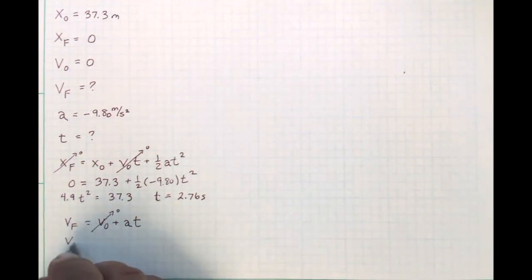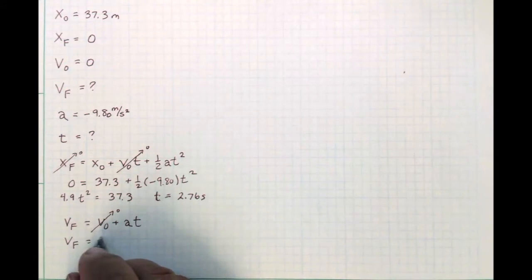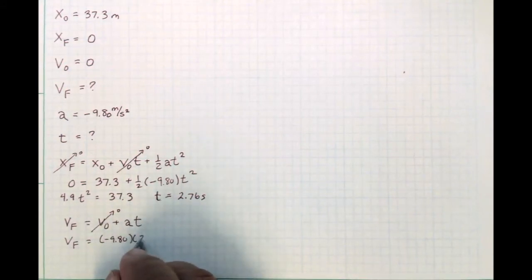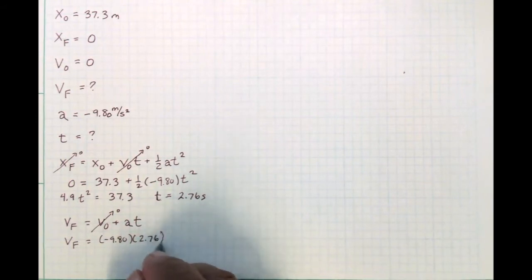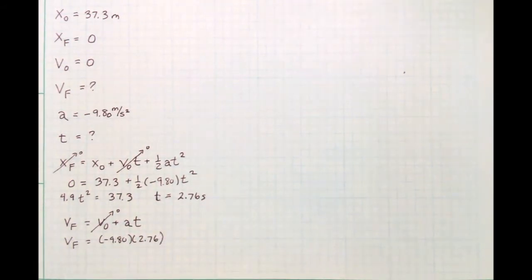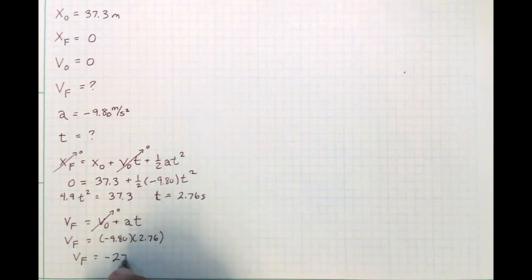We say that the final velocity is then negative 9.80 multiplied by the time to fall, 2.76. And that gives a final velocity of negative 27.0 meters per second.